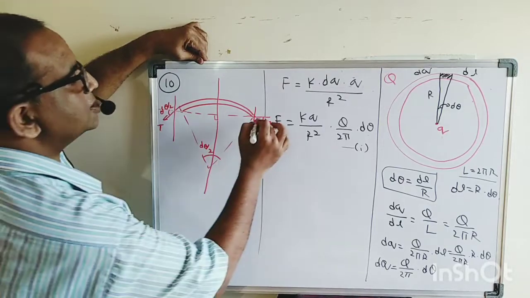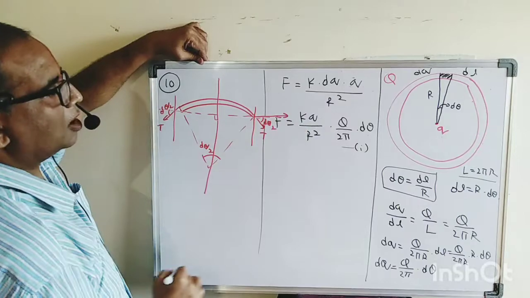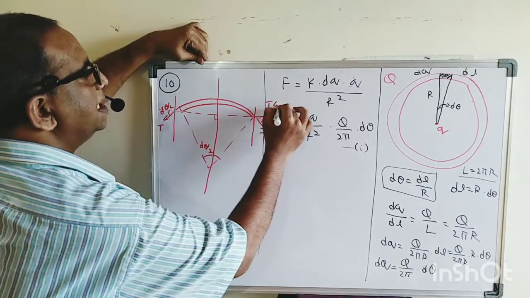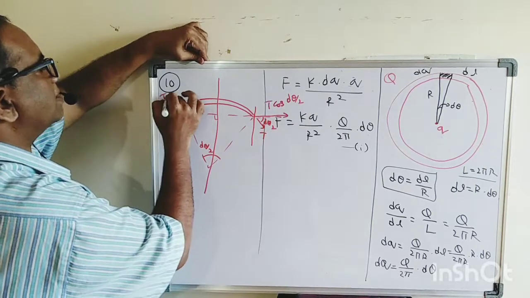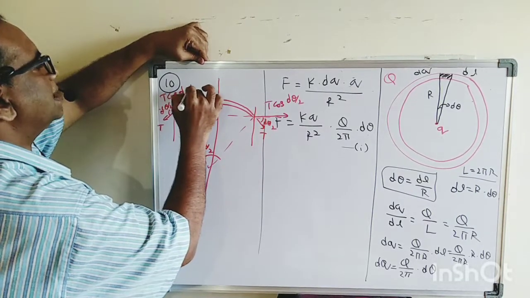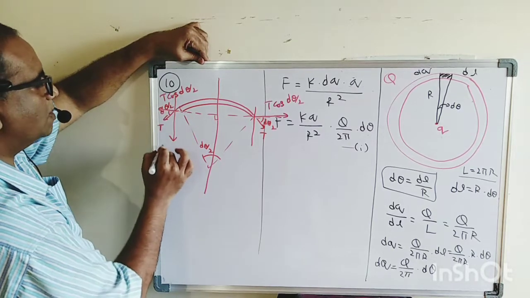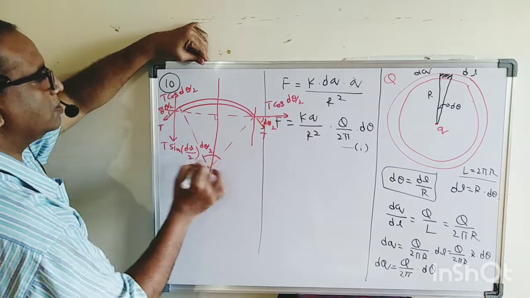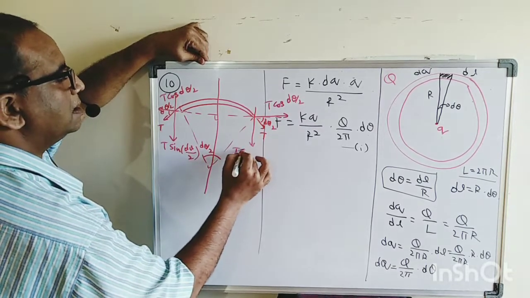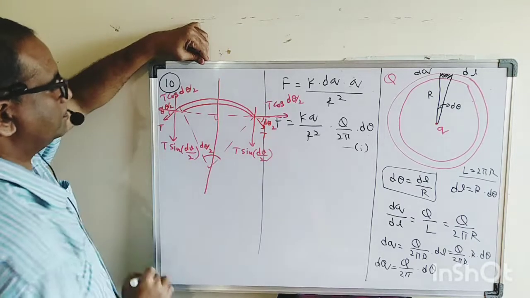Now resolve this tension into two components. One is T cos d theta by 2, and here also T cos d theta by 2, this side. And downward, how much you will get here? T sin d theta by 2, and this side T sin d theta by 2.